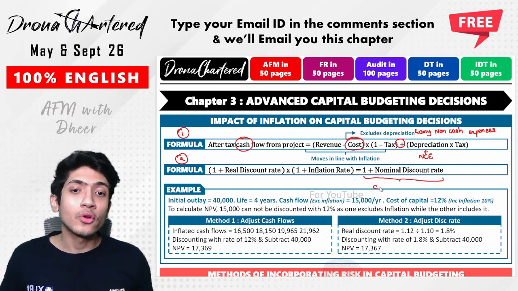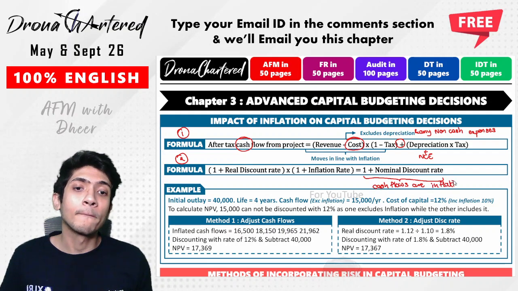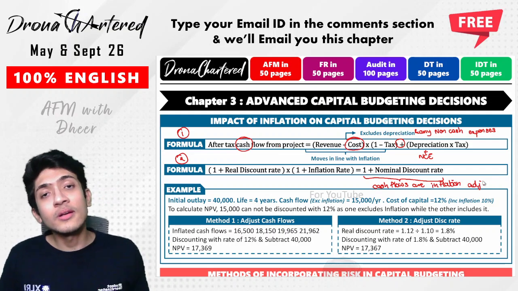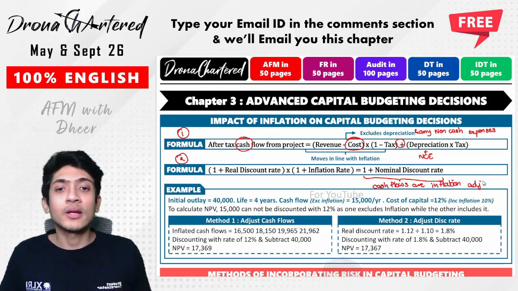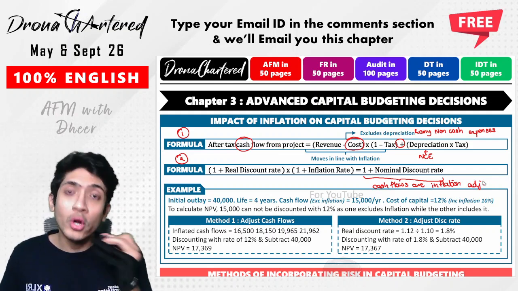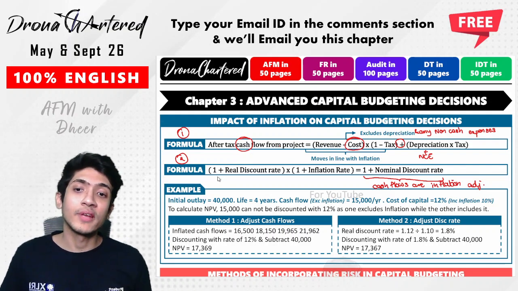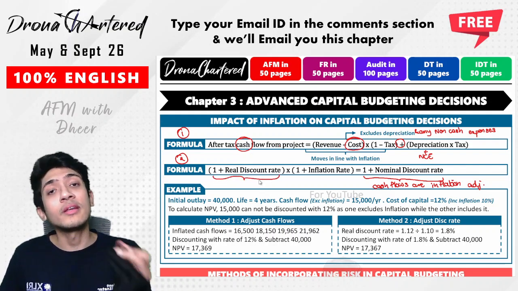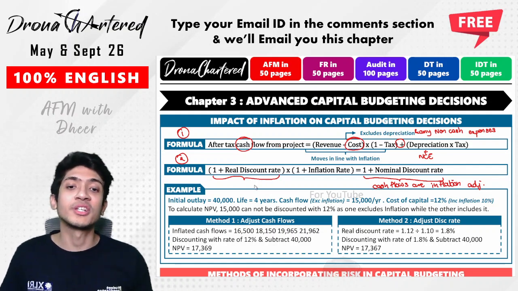If your cash flows are inflation adjusted, then you will use the nominal discount rate. However, if the cash flows are not adjusted with inflation, then in such a case you will be using the real discount rate, basically without taking into effect the inflation rate.